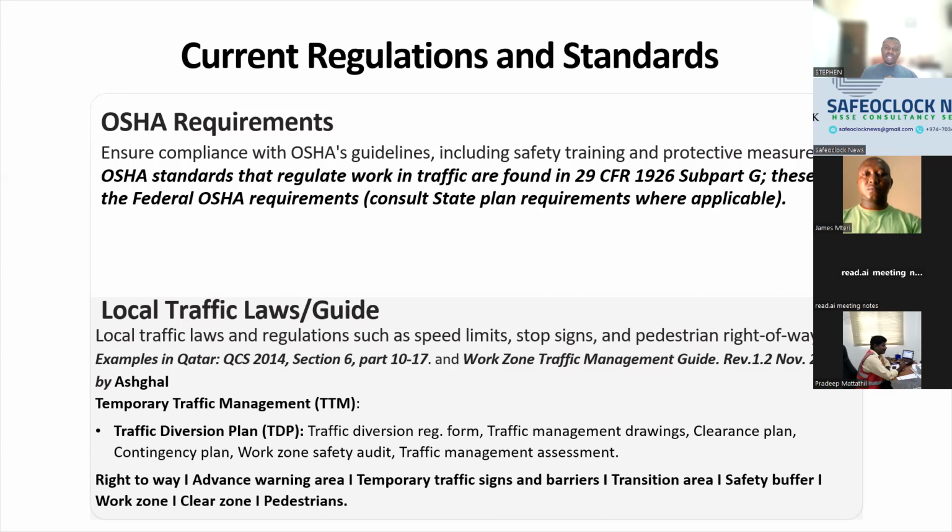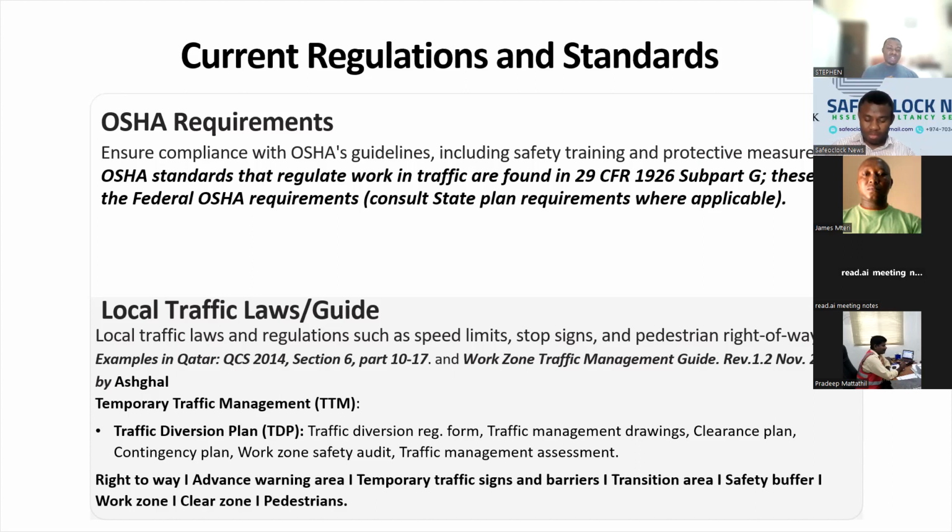In the United States, there are some states that have their own internal guidelines and all that, which complement those of the federal.